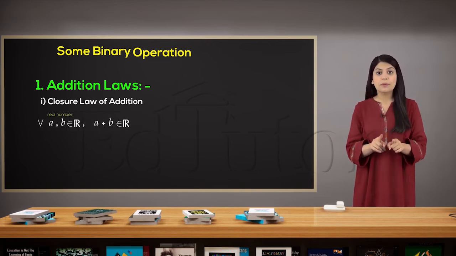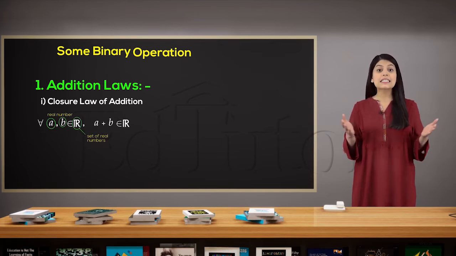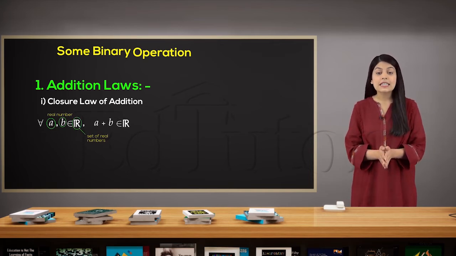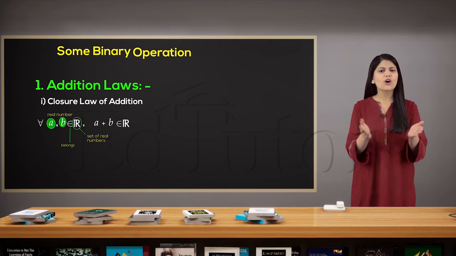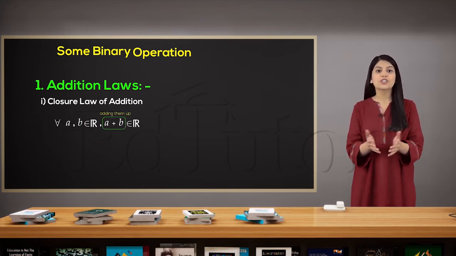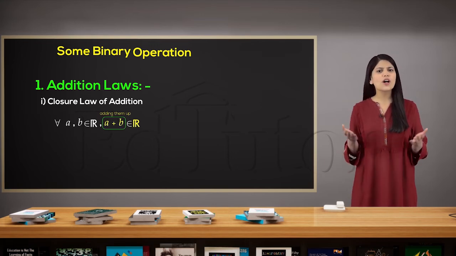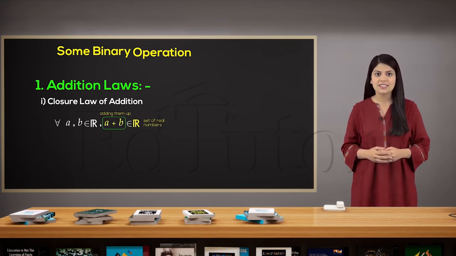First, take two numbers A and B from the set of real numbers. The symbol in the middle just says the numbers on left side belong to the set on the other side. Then, we express the closure property. It says that the sum of these real numbers also belongs to the set of real numbers.